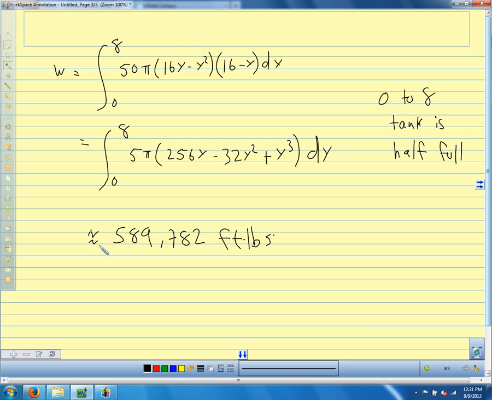So again, in general, with pumping problems, draw your picture, set up a coordinate system, make the coordinate system nice so it's easy to use. When you can set the origin so that it gives you some nice symmetry, that usually is a little easier. Divide your liquid into little discs, little slabs. Find the weight of the slab.